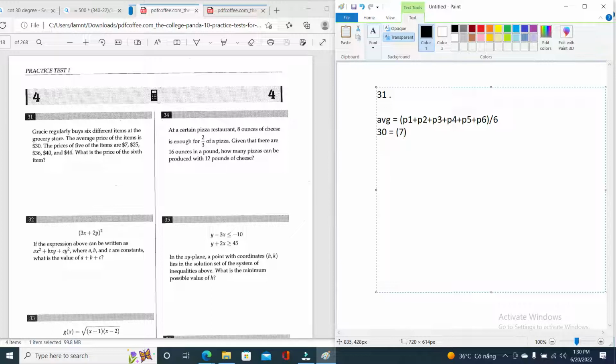Price 1 is 7 plus 25 plus 36 plus 40 plus 44 plus P6, over 6. So we're going to multiply by 6 on both sides, so only the sum is left. Alright, so let's calculate this sum.